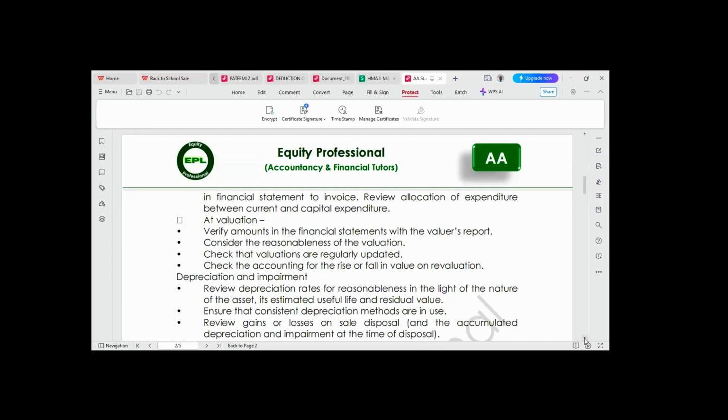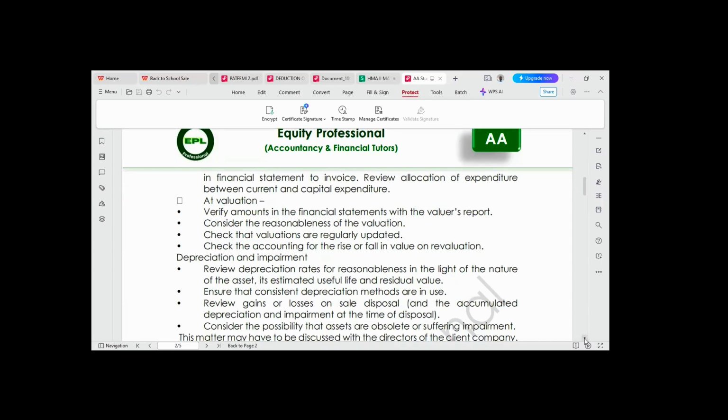Then you review gains or losses on sale or disposal, and the accumulated depreciation and impairment at the time of disposal. Then you consider the possibility that assets are obsolete or suffering impairment. When you talk about obsolete, let me give an instance. The makers of iPhone, iPhone 16 is about to come out.